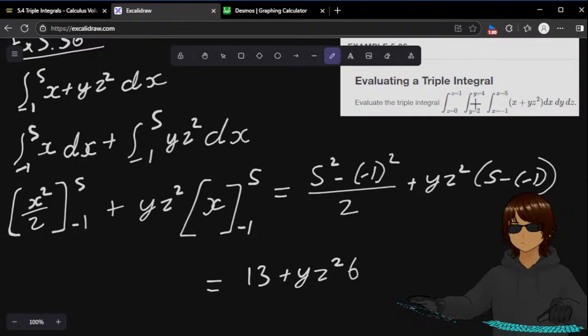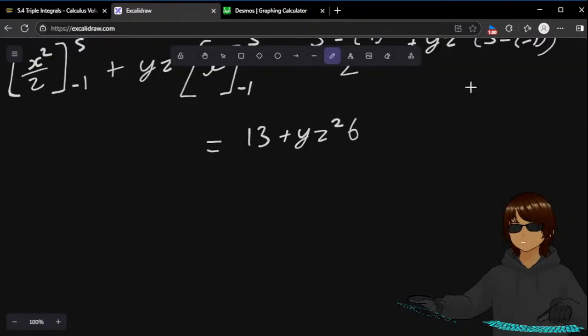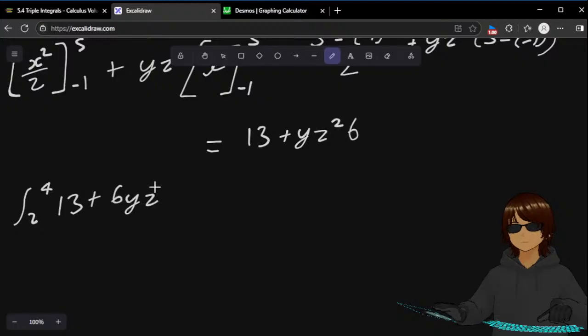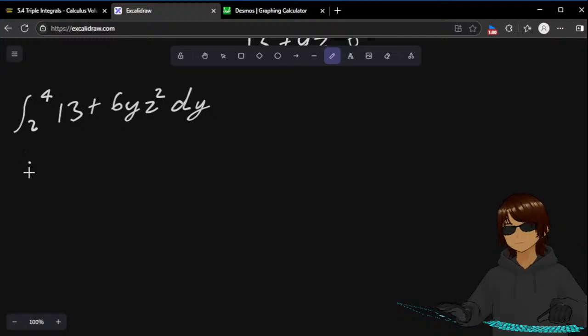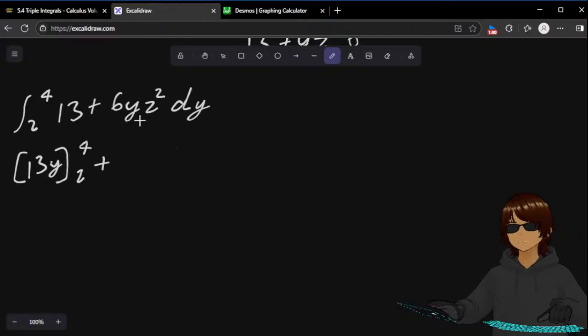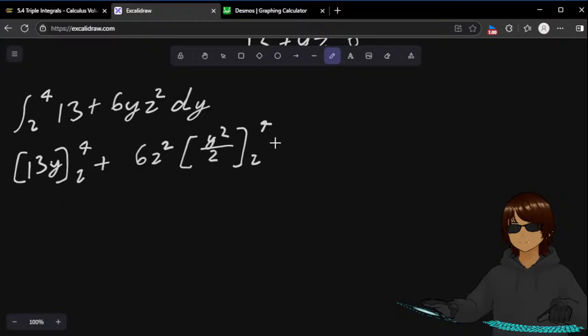And now we can do it with y from 2 to 4. Plus 6 z squared is a constant. Y squared over 2 from 2 to 4.